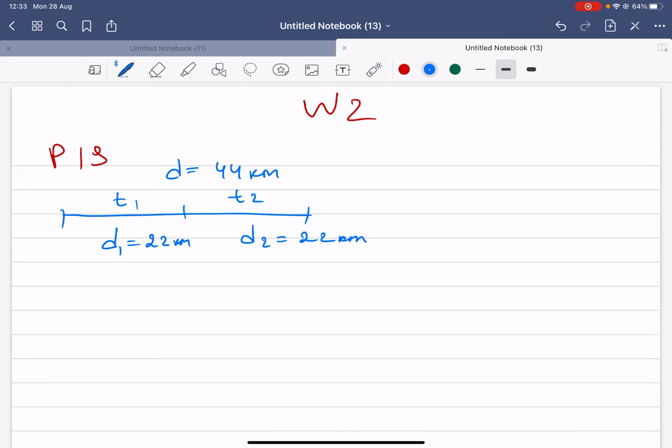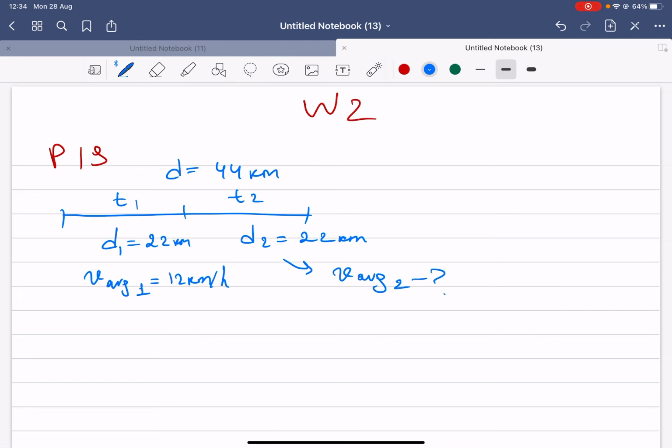The first d1 was covered with the average speed v average 1, which is equal to 12 kilometers per hour. The rest of it we don't know, so v average 2 we don't know.